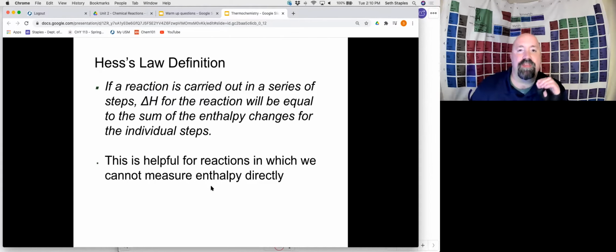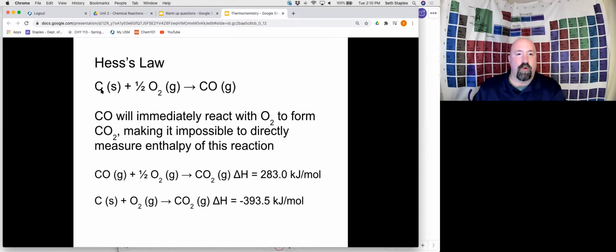For an example here, a mole of carbon plus half a mole of oxygen can give us carbon monoxide. The synthesis of 1 mole of carbon monoxide, in other words, is expressed by this equation.